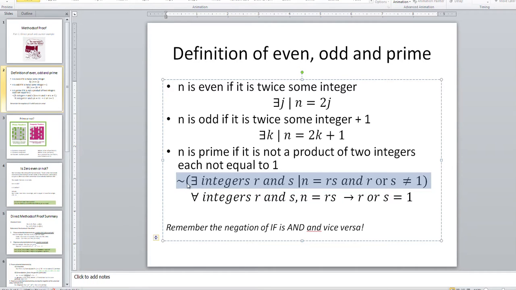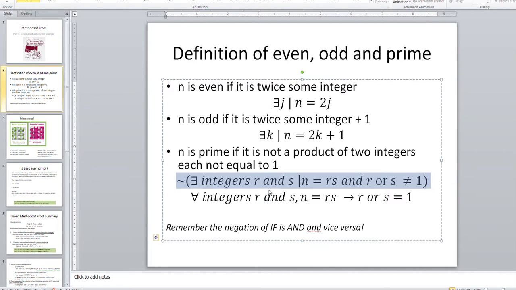I think if we take the inverse of this statement, remember when you invert an existential, you have a universal, and you have to negate the predicate. So in this case it would be, for all integers r and s, the product of r and s is equal to a prime number if r and s are both equal to 1.